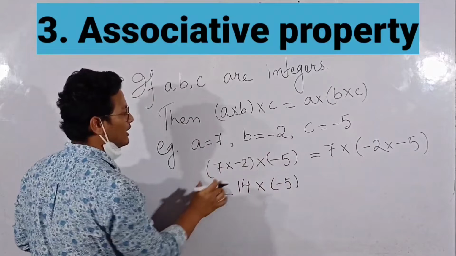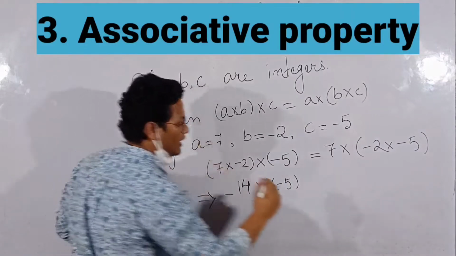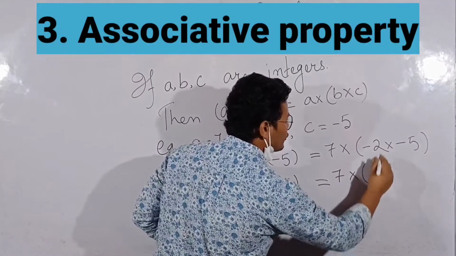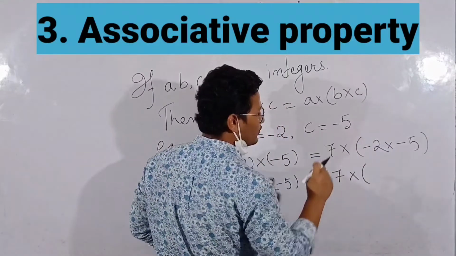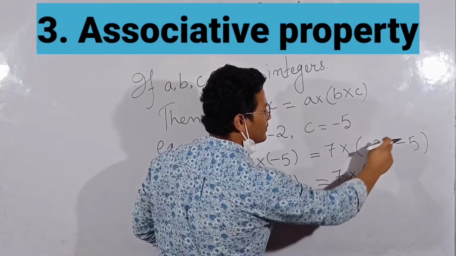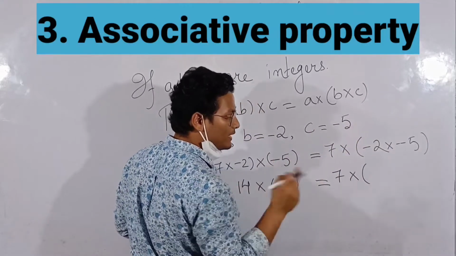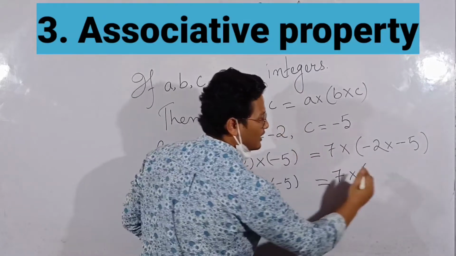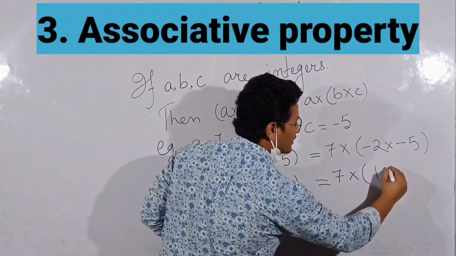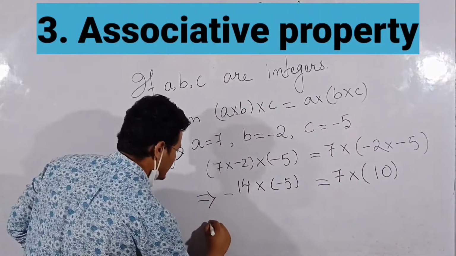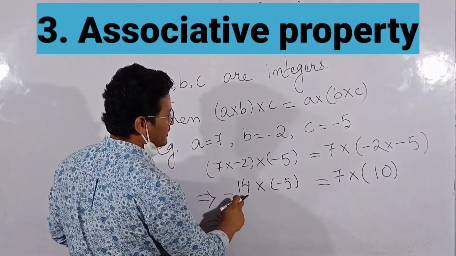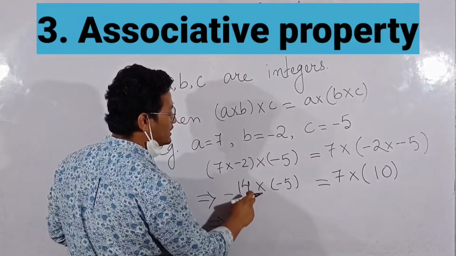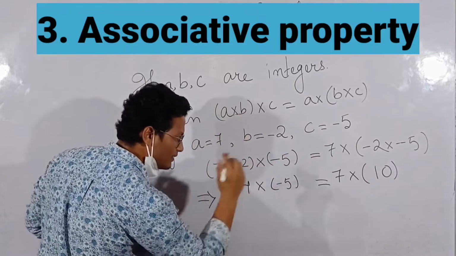Here we have multiplied A and B first. On the other side, 7 into (-2 into -5). There are two minus signs, so negative into negative is positive, and the product will be 10. Now students, on one side we have 14 and 5. 14 into 5: 5 fours are 20, carry 2, 5 ones are 5, 7 is 70.